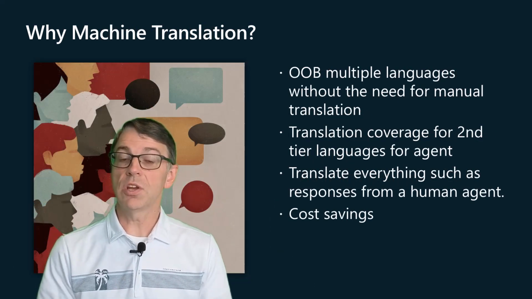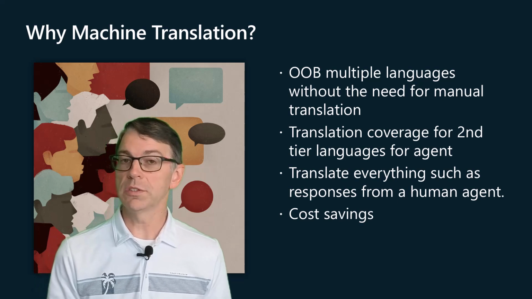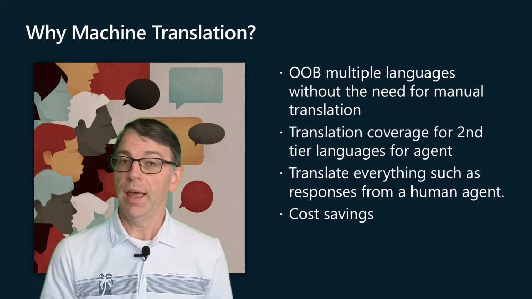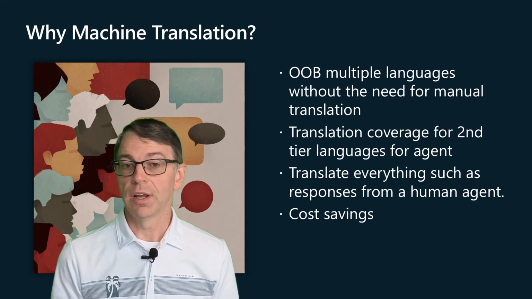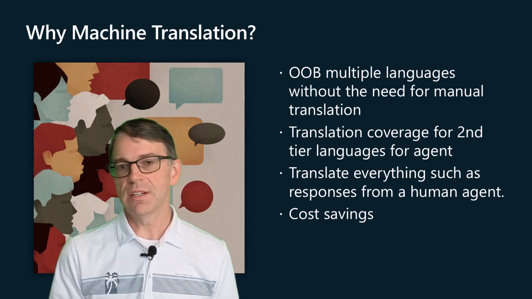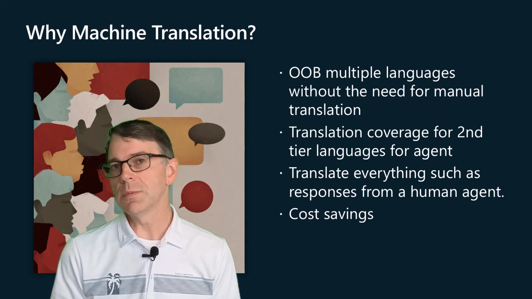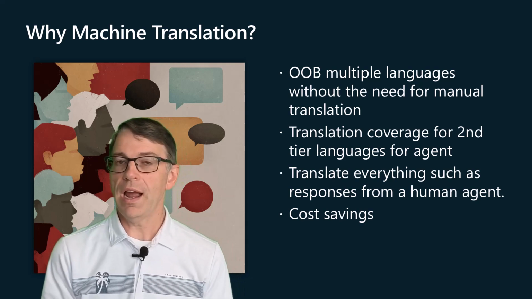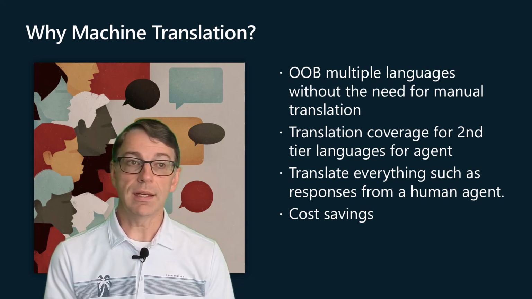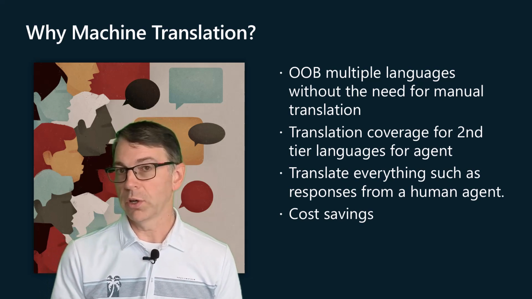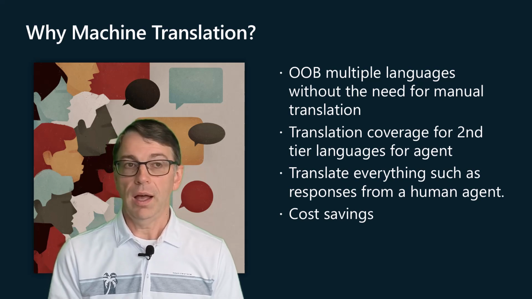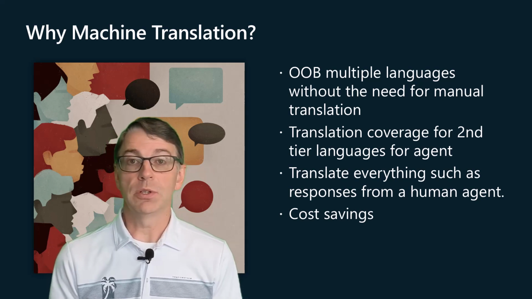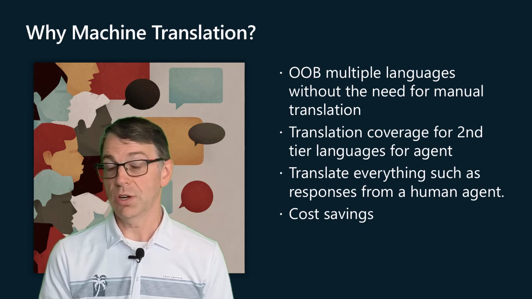Okay, so now let's talk about why would you want to use machine translation and what are the options here. Now, the first thing to understand is that machine translation is where we are not manually translating the content. We're actually going to use a large language model, or an Azure service like Azure Translation Services.